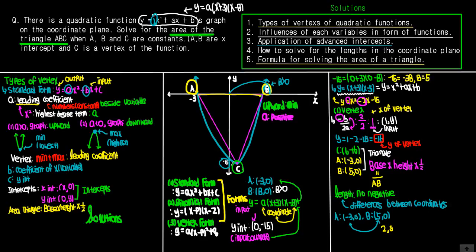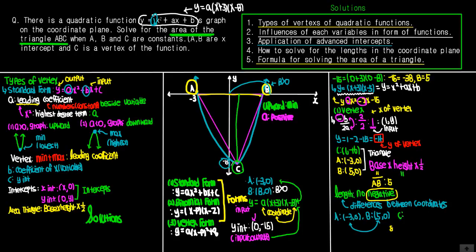But 2 can't be, because when it comes to solving for lengths, no negative, which means no subtraction. So our base is going to be 5, and we don't know whether it's centimeters or meters, but we just keep it as 5. Let's think about the height. The height goes from C to the x-axis.